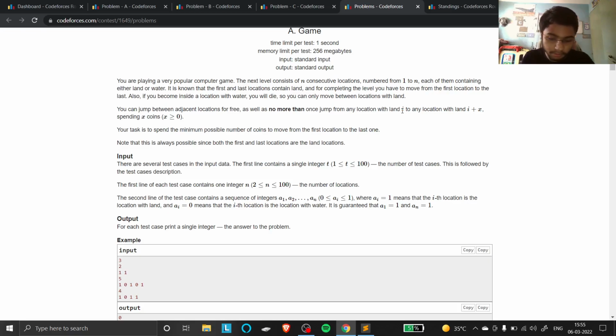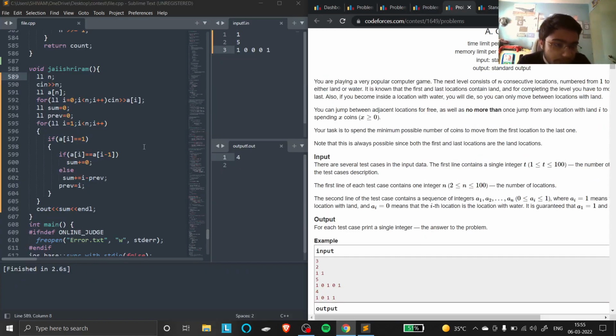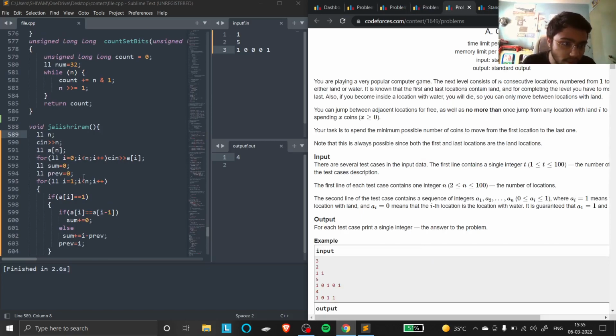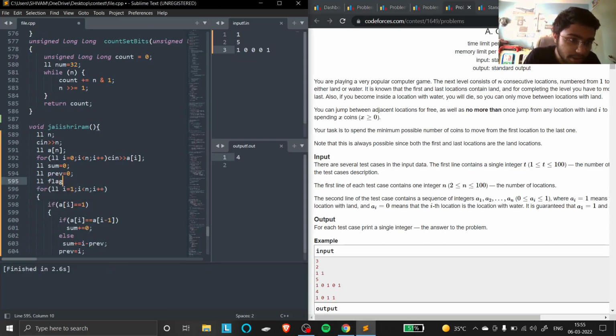Got it. This discount is available for this particular condition, like one. If both conditions are true, then only, otherwise this would be the case.